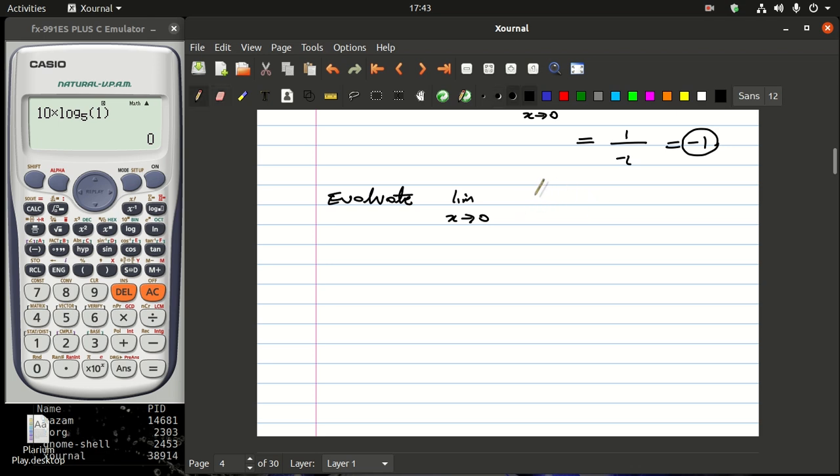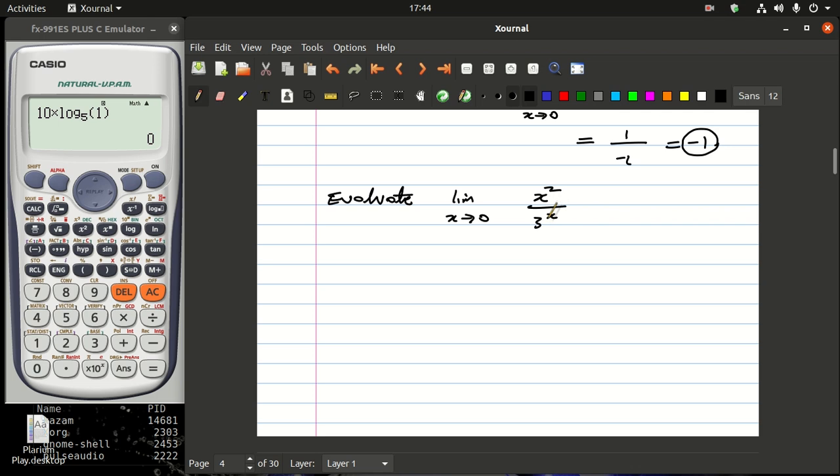So if I plug in a 0 here, I will end up having 0 squared, which is 0. And then if I plug in a 0 in the denominator, I will end up getting 3 to the power 0, which is 1. And I have a 0 over 1.